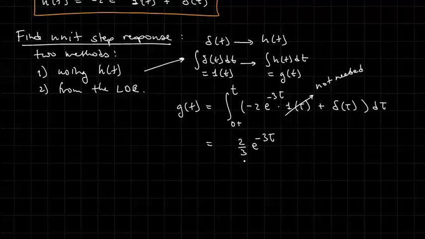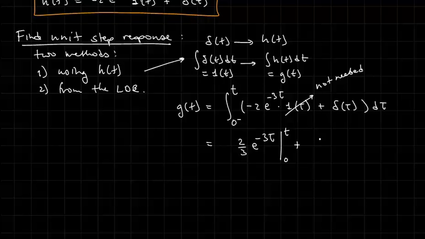So it'll be 2/3 e to the minus 3 tau evaluated from 0 to t, plus the integral of the delta function, which gives the unit step. And I'm sorry, that shouldn't be 0 plus, that should be 0 minus.